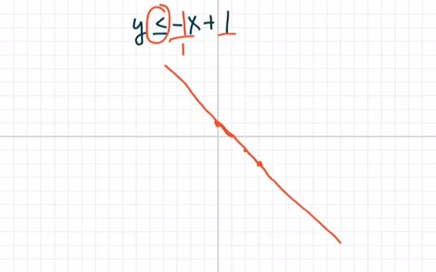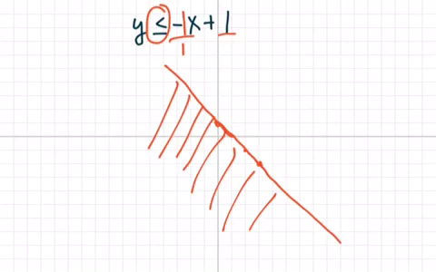And since it's less than, we're shading below the boundary line. So we're shading the y values that are less than or equal to that expression.